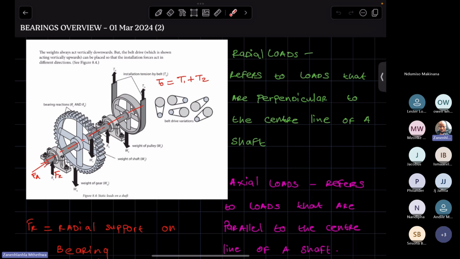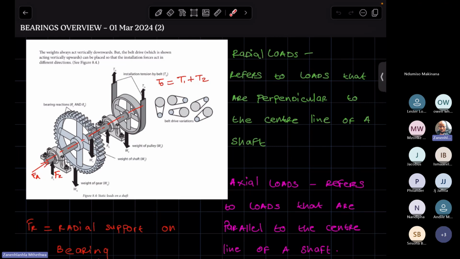Sometimes they give you the weight or the mass, essentially telling you that the weight is considerable, hence you have to consider it. Regarding belt drives, we'll only be looking at them from the perspective of static loads, because we always assume that the belt drive is not transmitting any torque.